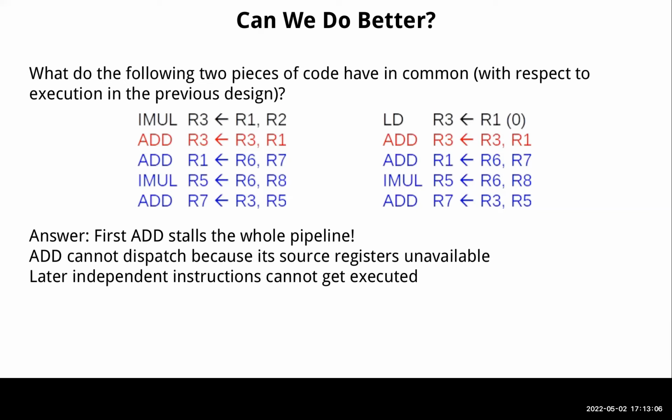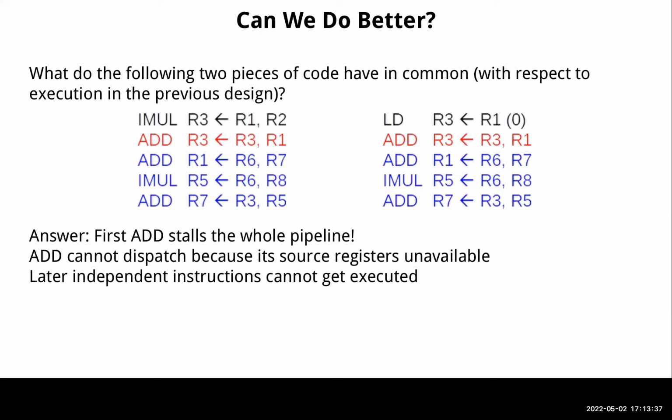That's MUL, integer multiplication. The second instruction ANDs the values of R1 and R3, then puts the value back in R3. You can see the second instruction depends on the first, because we need the value of R3. There is no way we can execute the second instruction before the first.